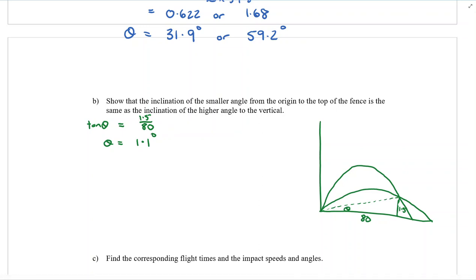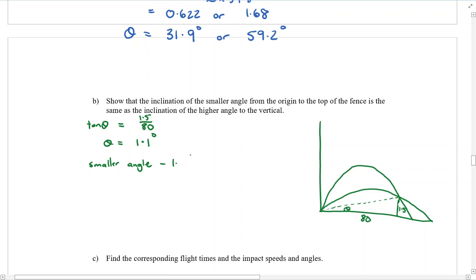Now, if I want to use the smaller angle, so the lower projection, if I take that smaller angle and I subtract off the 1.1, sorry, I rounded it.